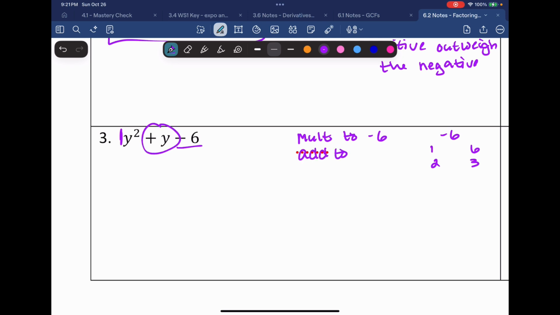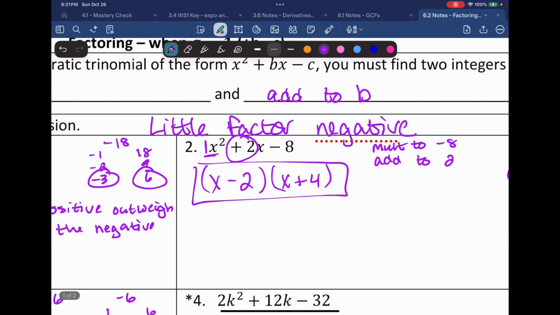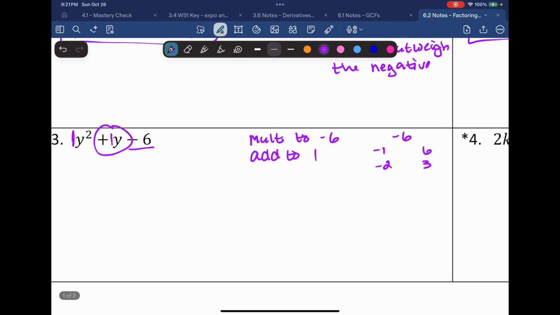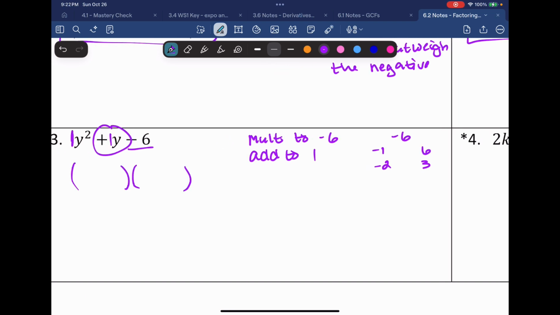Well, that's a positive 1. Okay, we've already established your little factor is the one that's negative. So y squared, that's y times y. And the factor pair that adds to be positive 1 is negative 2 and positive 3. So it's a negative 2, minus 2, positive 3.